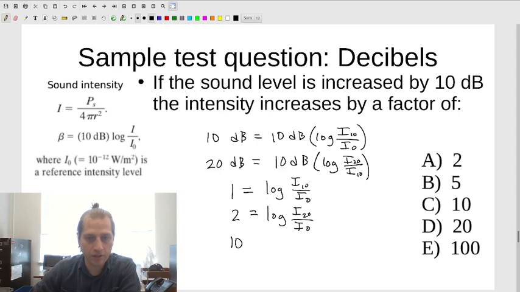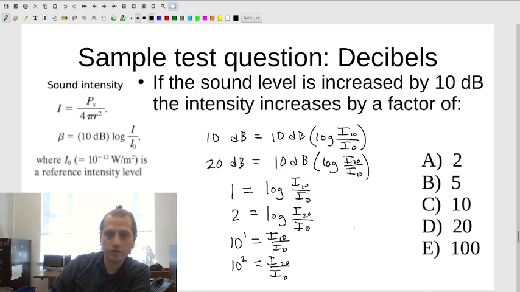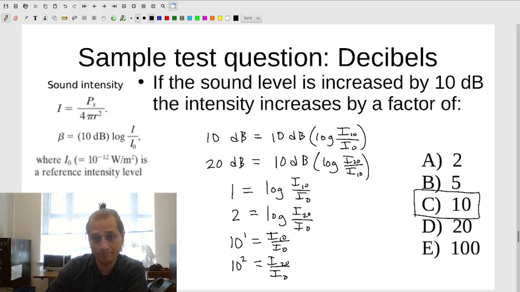Okay, so you would get 10 to the 1 equals I10 over I0, and then here 10 to the 2 power equals I20 over I0. So you can see that by increasing 10 decibels, you have in fact increased your sound intensity by a factor of 10.